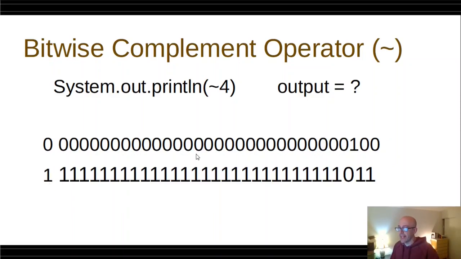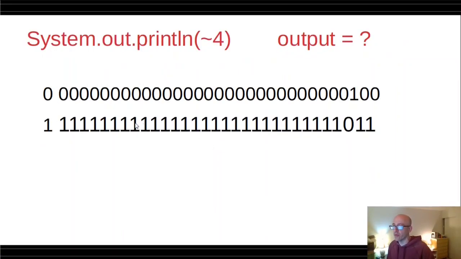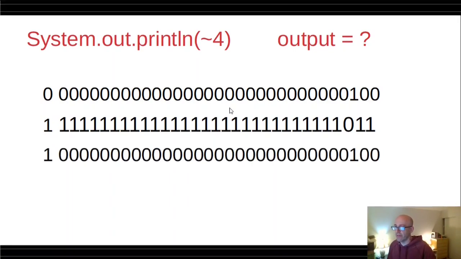But negative numbers are stored in 2's complement. So from here, let's first get 1's complement, and then let's make a little more room here. So we get 1's complement, and we'll flip all of these again. So the signed bit is going to stay a 1, and then to get 2's complement, we're just going to add 1 right here.